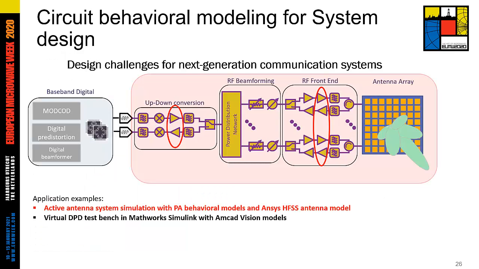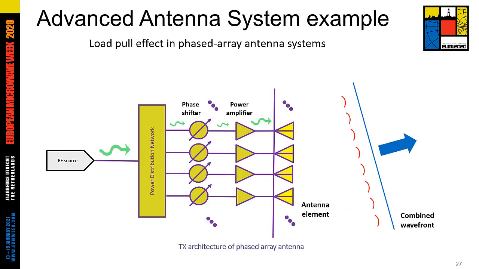Here we will take the example of a simulation of the interaction between the RF front-end and the antenna array. Here is a schematic of a simple architecture of a phased array antenna. The front-end consists of phase shifters and power amplifiers that allow applying a defined signal magnitude and phase to each antenna element.